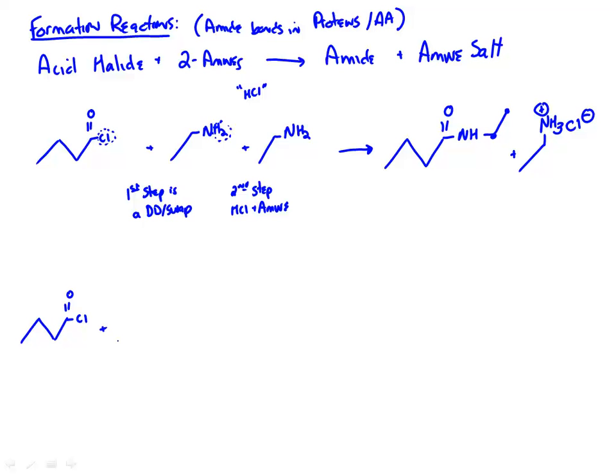So if I react just the first amine, and I do a swap, then what I would get is my amide, and then I would get HCl. And see, then that HCl immediately reacts with a second amine, so we think about that as reacting with the second amine to make my salt.